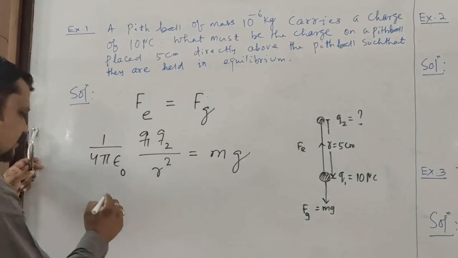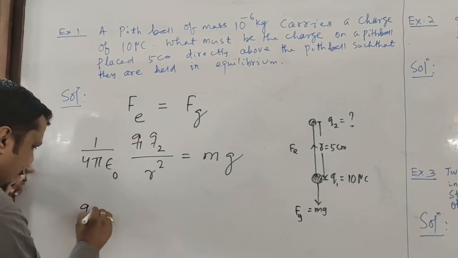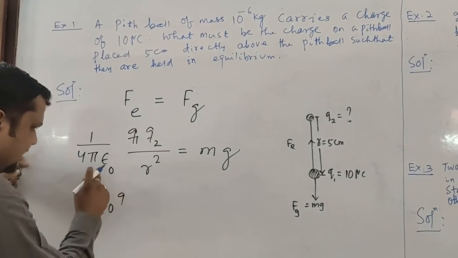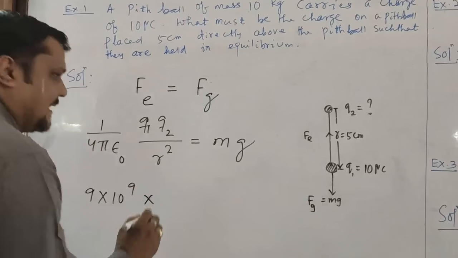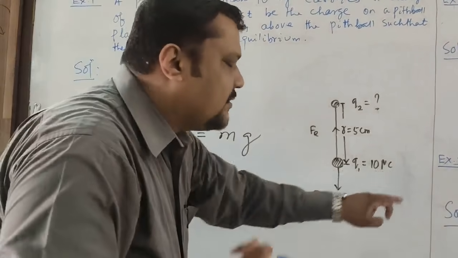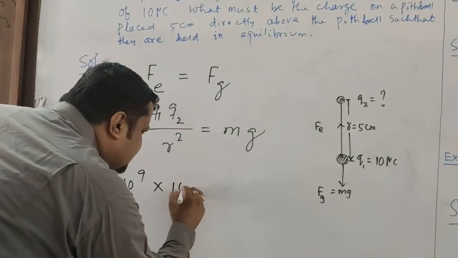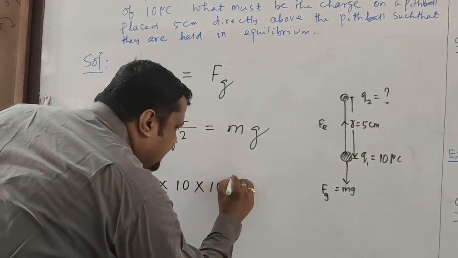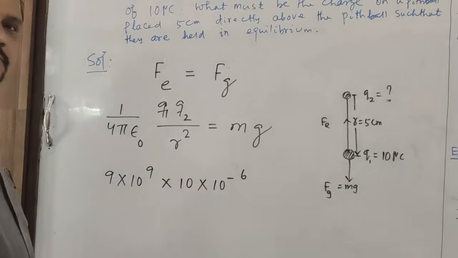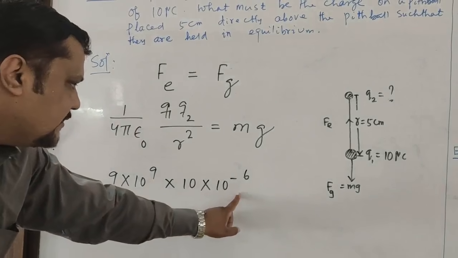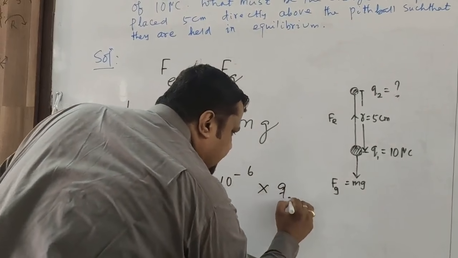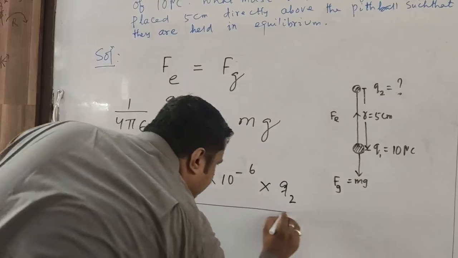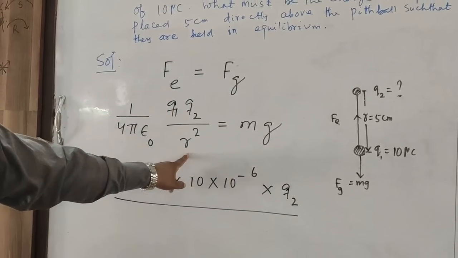To find Q2, you can write 9 into 10 to the power 9, the value of 1 by 4 pi epsilon naught, into Q1, 10 microcoulomb. Make this in coulomb, 10 into 10 to the minus 6 coulomb, into Q2, divided by r square.